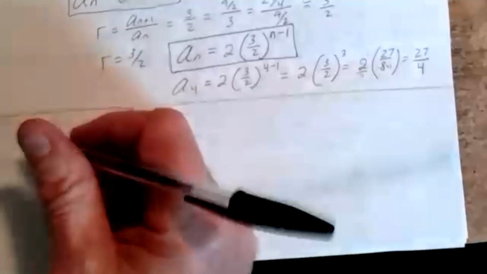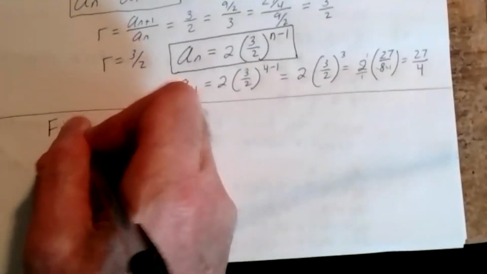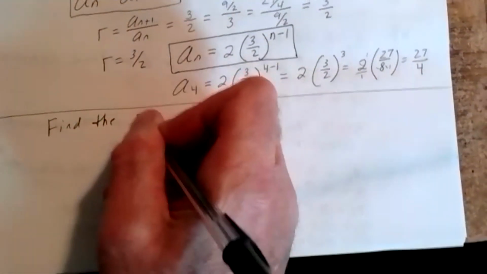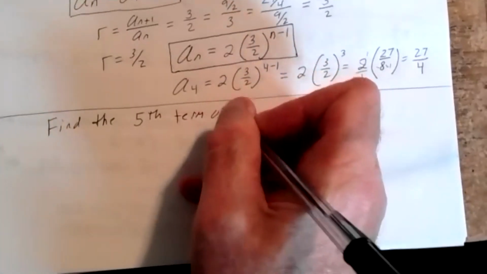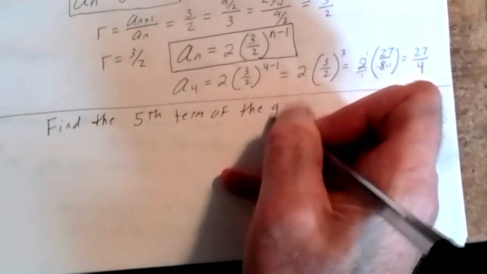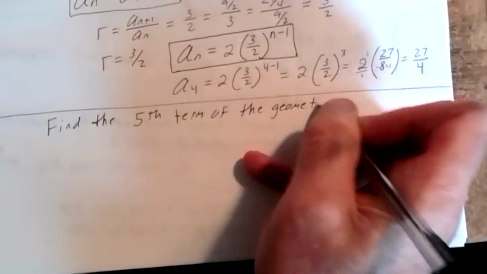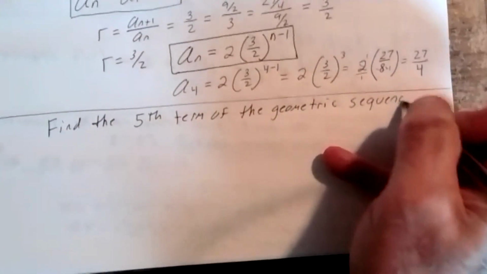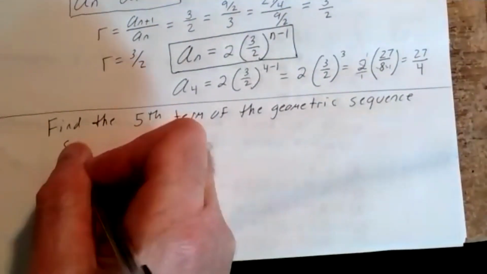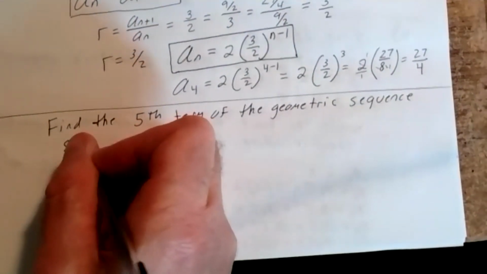Here's another one now. Suppose we want to find the 5th term of the geometric sequence, denoted as in braces, a sub n.